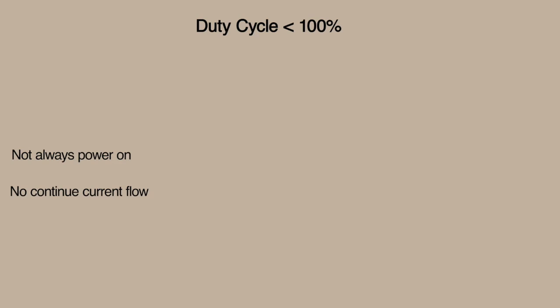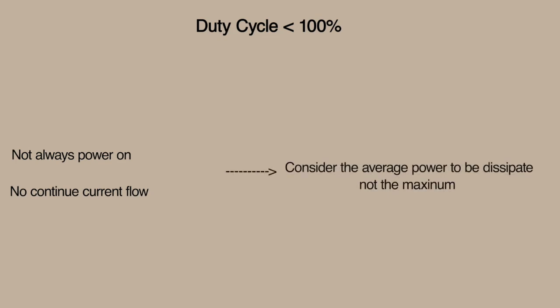A typical use of the SSR is in a thermoregulation process where there is a cycle time, maybe a few seconds, and the relay switches on and off with a variable duty cycle. An example of duty cycle: if we have a duty cycle of 30% and a cycle time of 10 seconds, we will get 3 seconds on and 7 off.